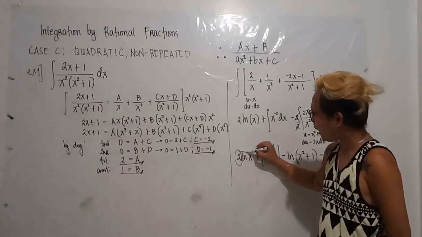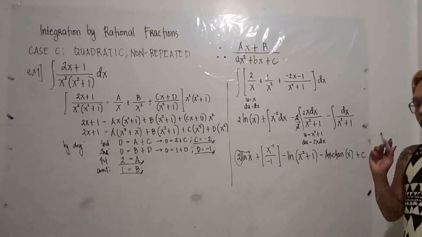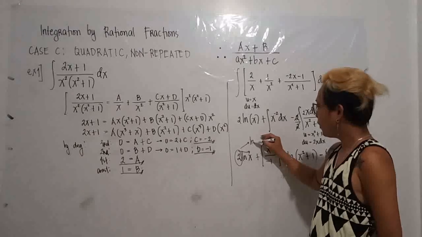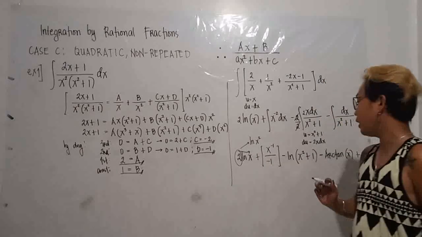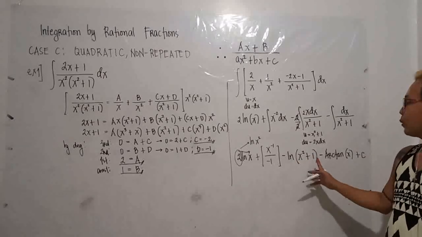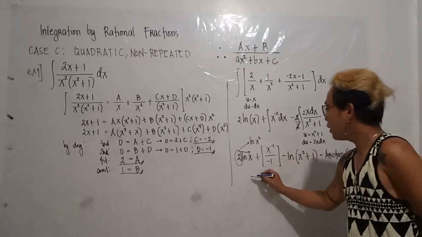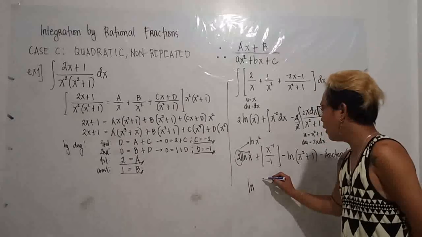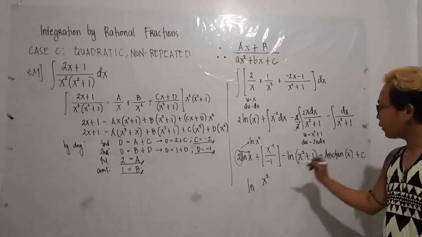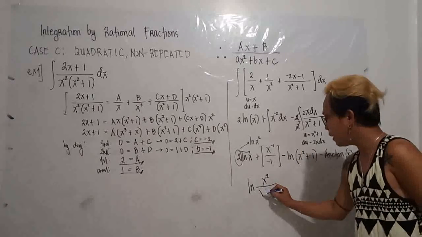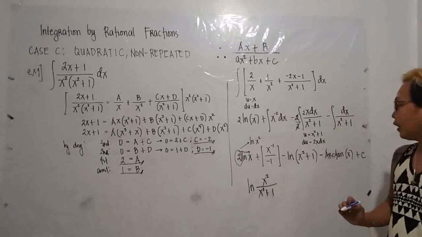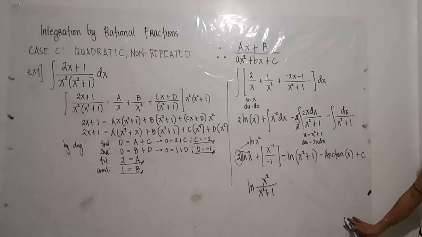The 2 here can be the exponent of x. That can be ln of x squared. So ito ay pwede ng ln of x squared. So si ln of x squared and negative ln of x squared plus 1, pwede natin pagsamahin. So that will be now ln of positive sa x squared, so nasa numerator. Negative sa x squared plus 1, so dapat nasa denominator siya. So that is ln of x squared over x squared plus 1.